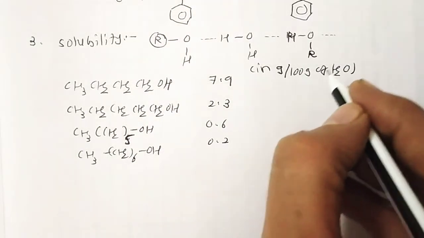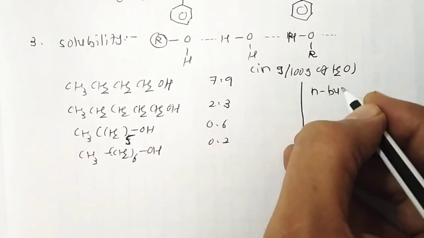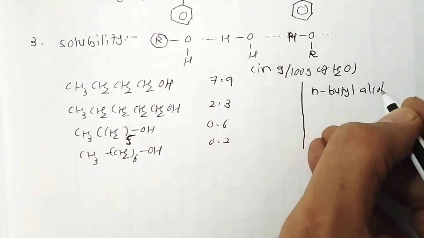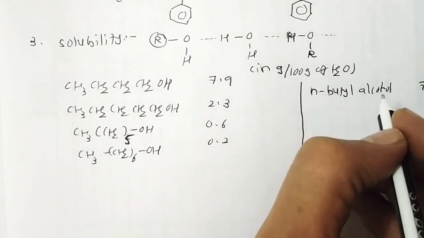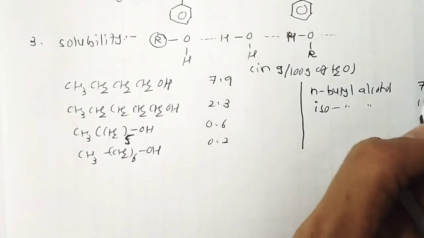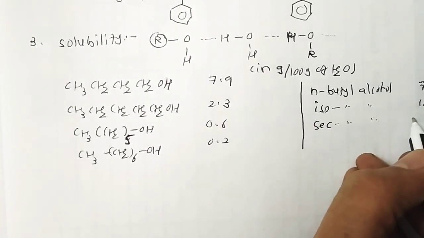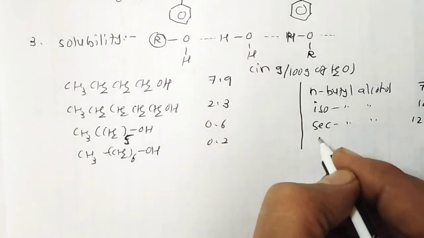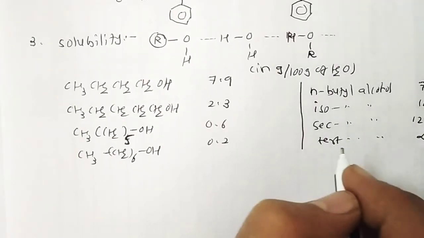For example, in the case of normal butyl alcohol, the data is 7.9. But in the case of isobutyl alcohol, it's 10. In the case of secondary butyl alcohol, it's almost 12.5, and tertiary butyl alcohol is near infinite.